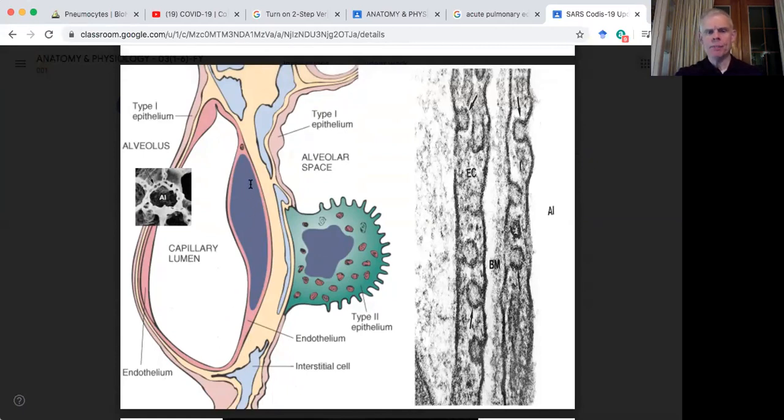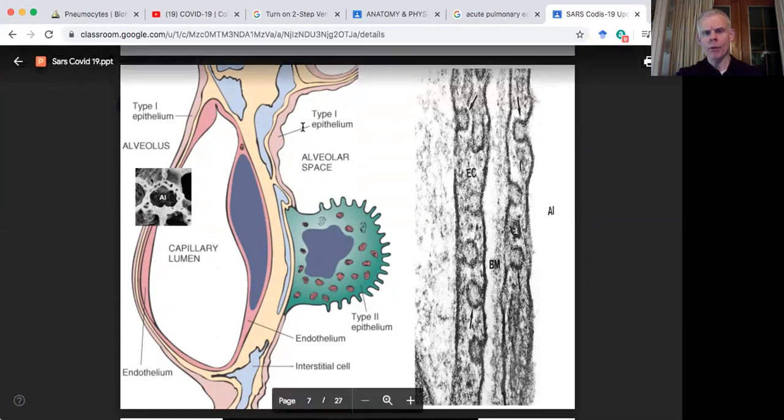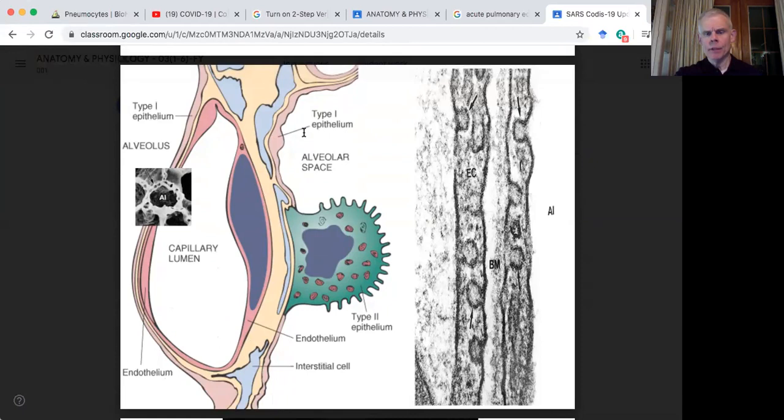So this is the space through which oxygen has to go from alveolar air, diffusing through the basement membrane, through the extracellular matrix, and then finally into the lumen of the capillary, into the area where red blood cells will be flowing.